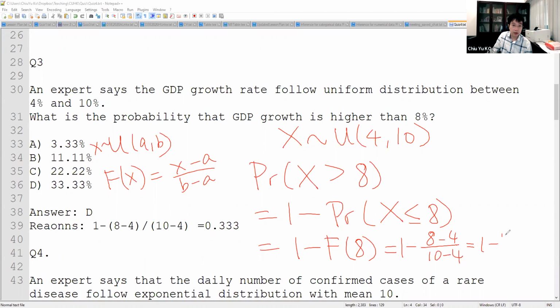So it's 1 minus 4 over 6, which is 1/3, okay?